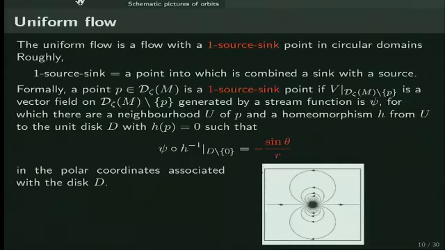So roughly, one sink-source point is a point which combines a sink with a source.